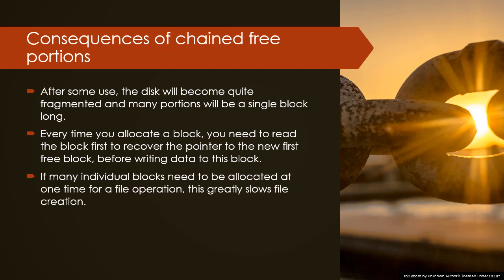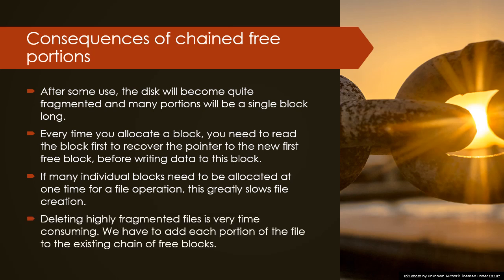If many individual blocks need to be allocated at one time for a file operation, this greatly slows file creation. Deleting highly fragmented files is very time consuming. We have to add each portion of the file to the existing chain of free blocks.